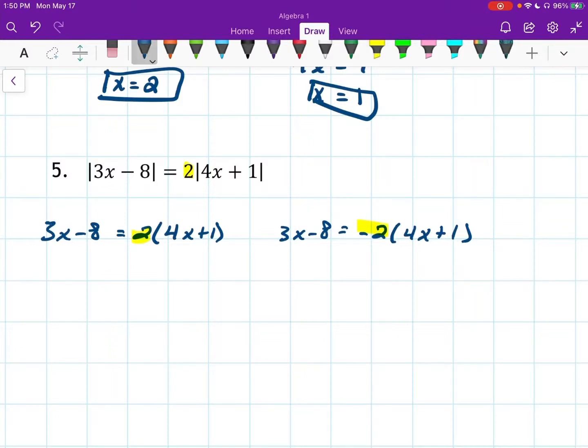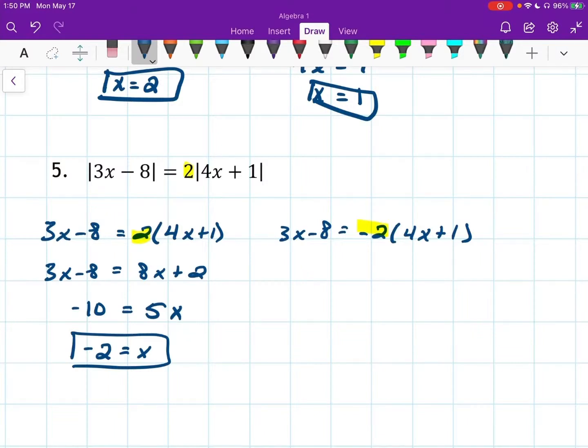On the left side, I'm going to distribute my 2, so I'll have 3x minus 8 is 8x plus 2. This gives me, what will this be? I'll have a negative 10 on the left and 5x on the right, to get a negative 2 is my x.